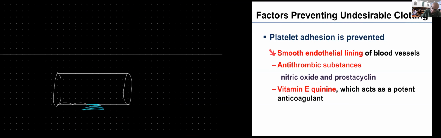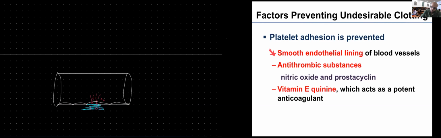Those collagen fibers form a rough surface for the platelets to adhere to and become activated, starting the formation of a blood clot through the intrinsic pathway. So normally, I don't have a blood clot forming in intact vessels because I have this very smooth endothelial lining that prevents the platelets from getting attached.